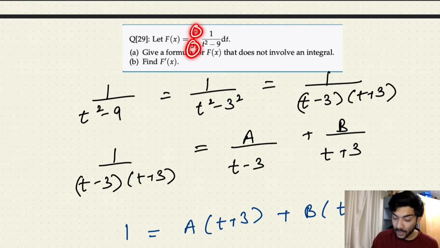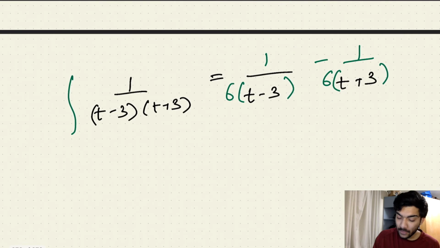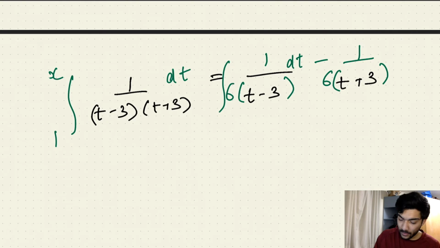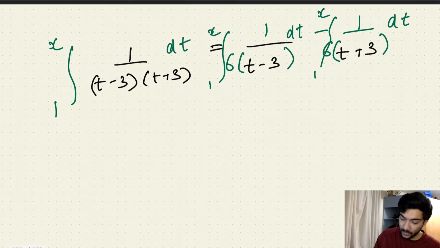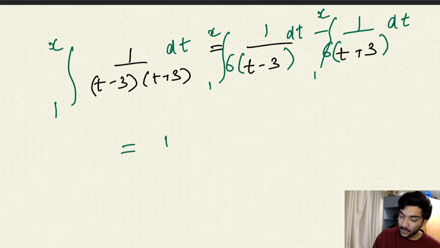And now, since we are calculating the definite integral from t equals 1 to t equals x, this would be simply the integral of this expression dt minus the integral of this expression dt with the same bounds over here, right?